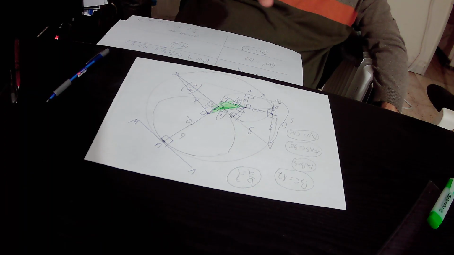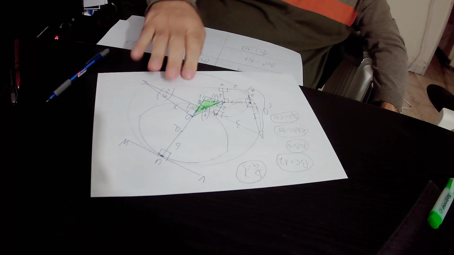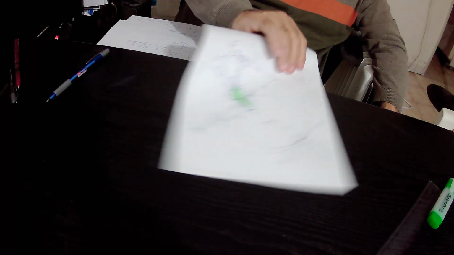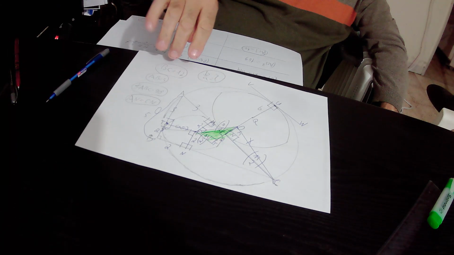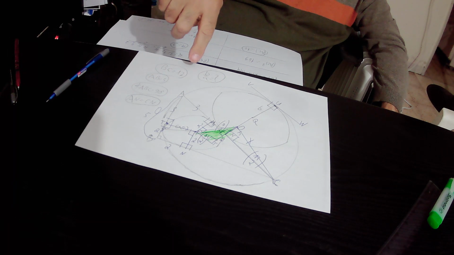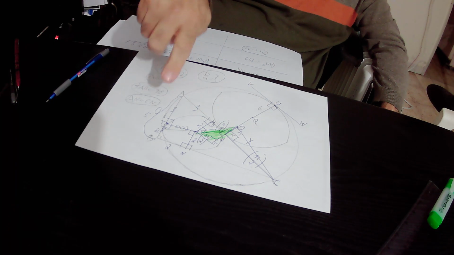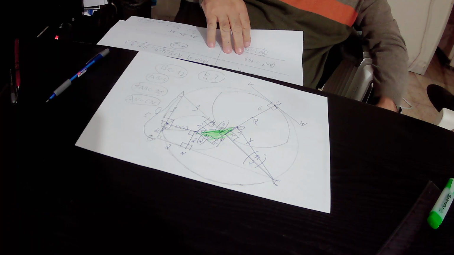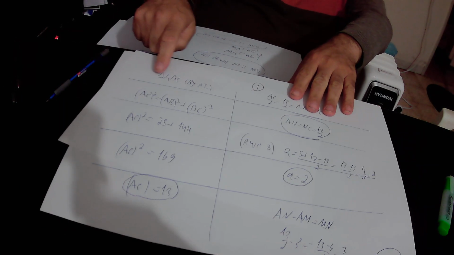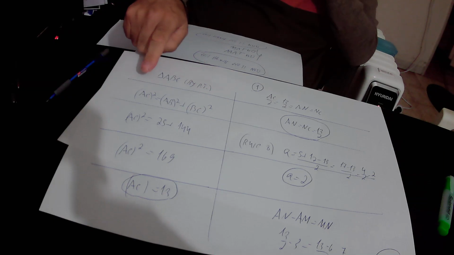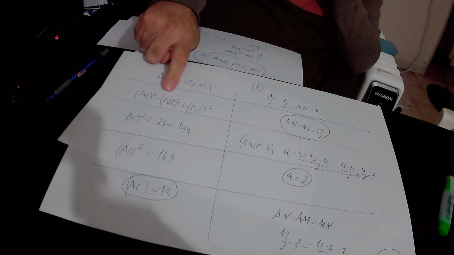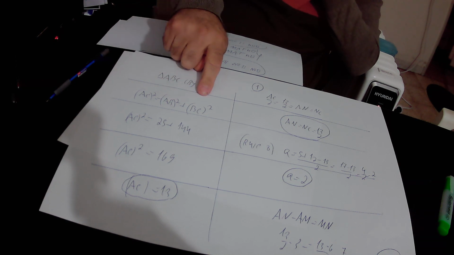So first of all, we implemented the Pythagoras theorem on this right triangle ABC. According to the Pythagoras theorem, AC square equals AB square plus BC square. AB is 5, therefore AB square is 5 square, that is 25, plus BC square. BC is 12, therefore BC square is 12 square, that is 144.